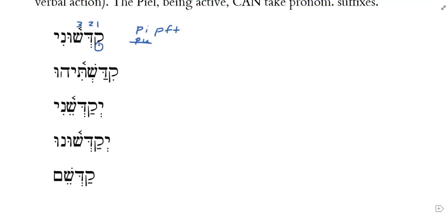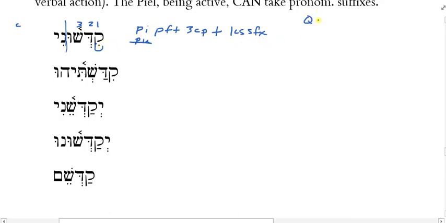Back to our handout here. We're going to identify this as a Piel perfect because of that chireq under the qof. So, which perfect form has a shureq after root 3? Well, that's not too hard, is it? 3CP, good. Plus, I now have the ni direct object pronominal suffix. That is first common singular suffix. So, what does the Piel of the verb kadesh mean? In the Qal, it means to be holy.